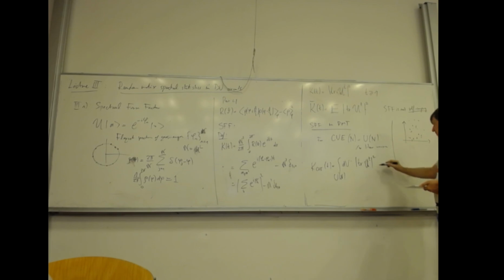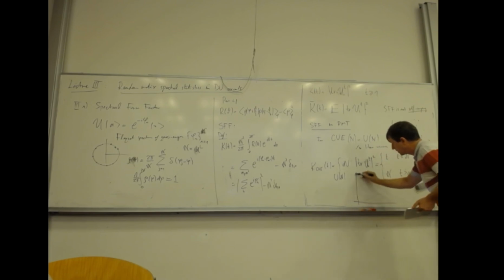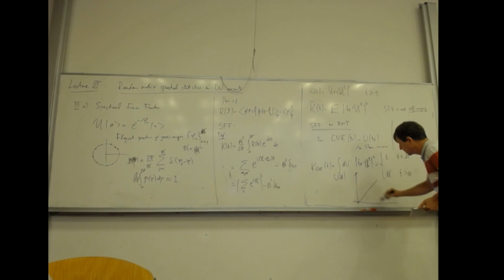This is an expectation value, and then we get t for t less than N, and N for times longer. So what happens is this type of picture: the spectral form factor has what we call a ramp, a linear increase, and then a plateau. So it's a very simple behavior, with a very special time at which it separates. This is the so-called Heisenberg time.